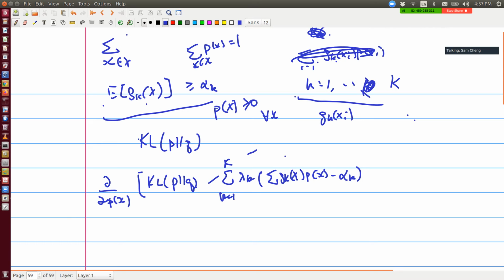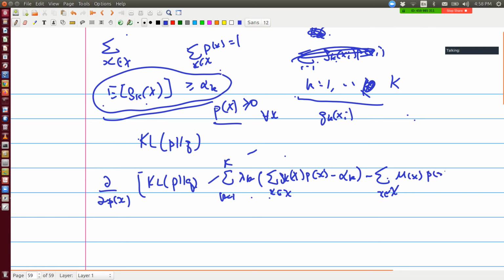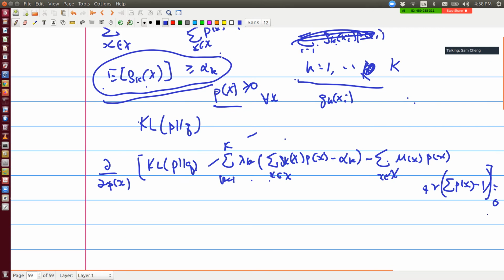This is for this constraint here; for each of them I have a lambda_k. And I also have a constraint from this guy here, so I use mu_x times P(x), and plus nu times (the sum of P(x) minus 1). If I take the partial derivative, it should be equal to 0.